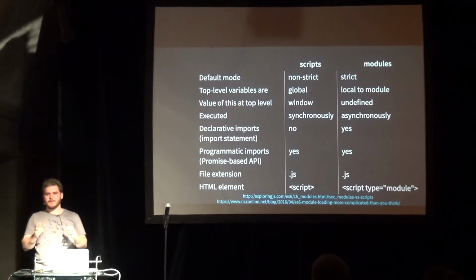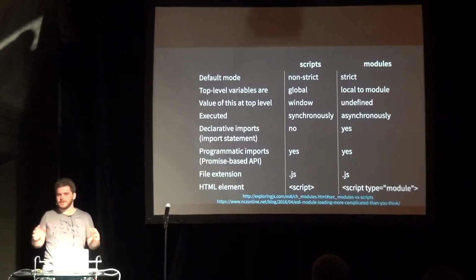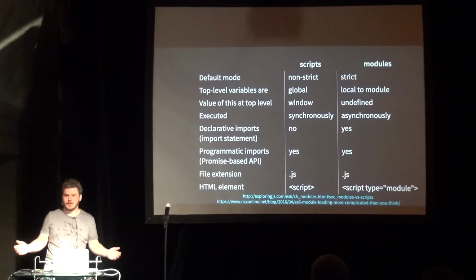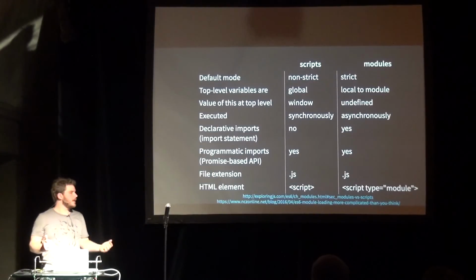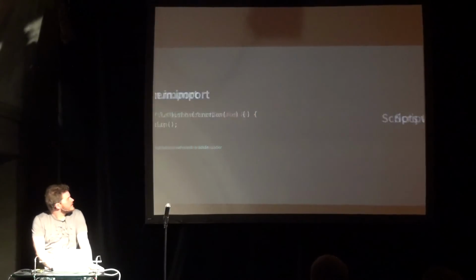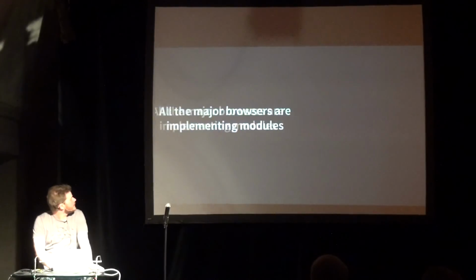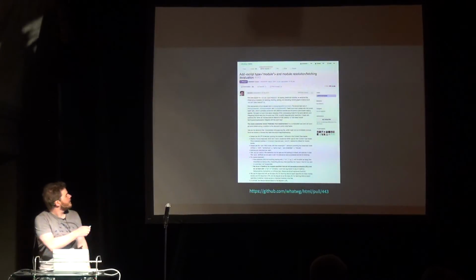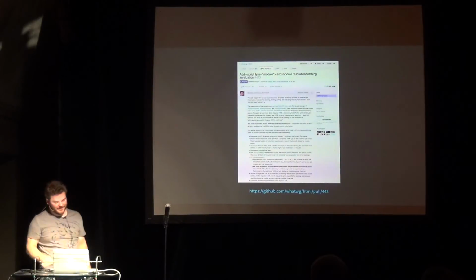So you can use this like a normal script tag. You just put the type module on it. And that's working fine in the browser, and the browser knows that it has to execute things as a module. And if you look closely, this is already in the standard. So there, it was specified.